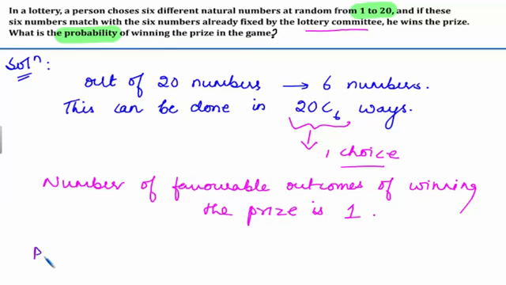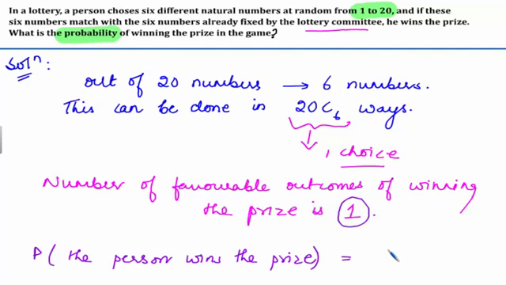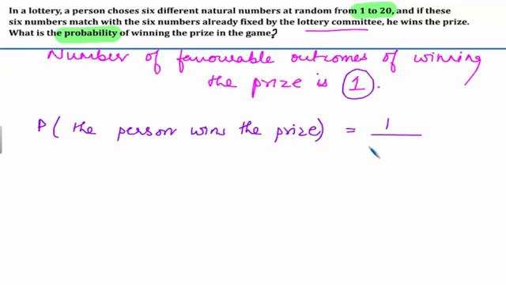Therefore, probability that the person wins the prize is given by the total number of favorable outcomes, that is 1, divided by the total possible outcomes, which are 20 C6. Now let us find the value of this number.